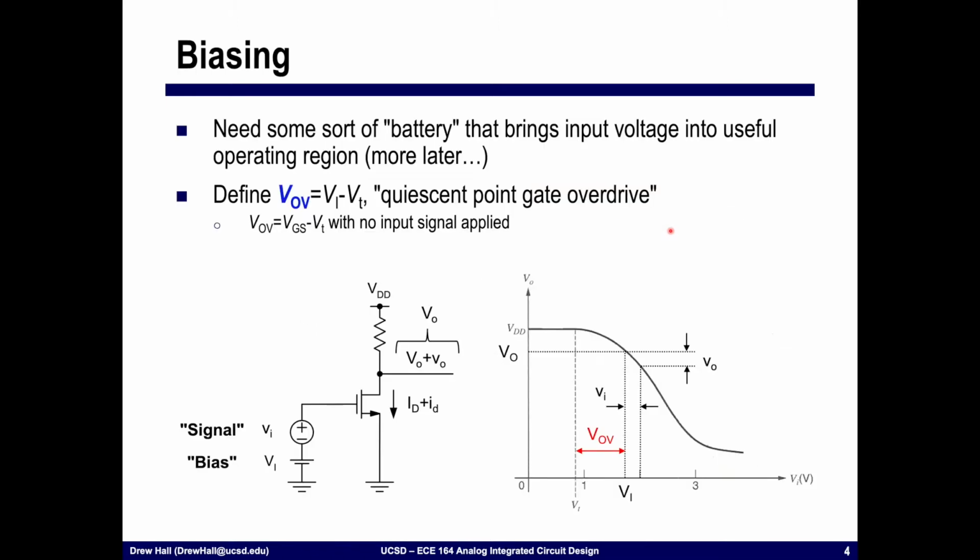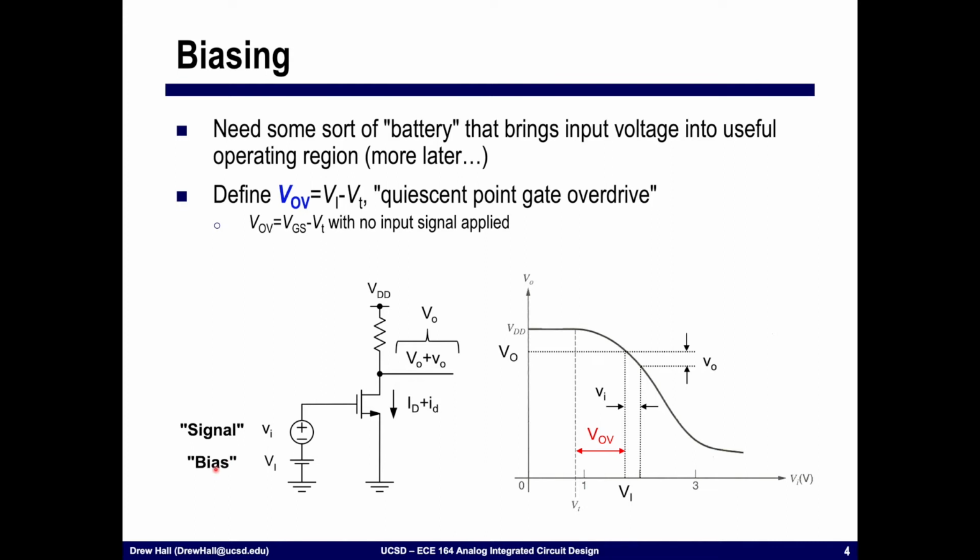So how do we do this biasing? This brings up an interesting question. We need some sort of battery, if you will, that puts the input voltage in the right place such that I can superimpose my signal, that is the point that I want to amplify, on top of this bias.